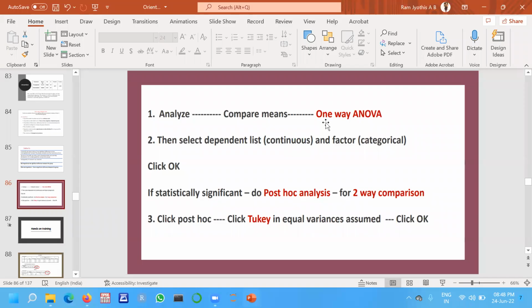Post hoc analysis determines which group is having more effect. With the one-way ANOVA, we will come to know that there is a difference between the groups, but it will not tell you which group is having more effect. Understood? For that, you have to do post hoc analysis.